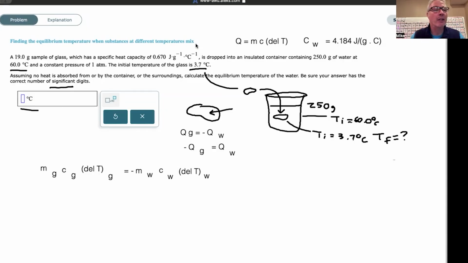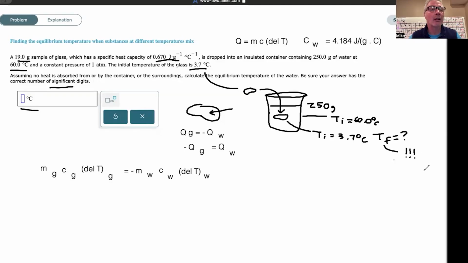And another thing, the glass weighs less and glass has a smaller heat capacity. So the final temperature, whatever this TF is, is going to be closer to that of the warm water than that of the cool glass.